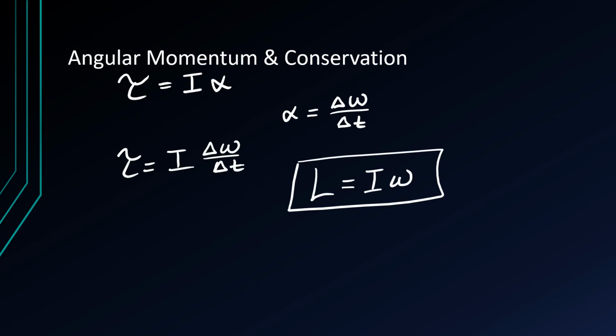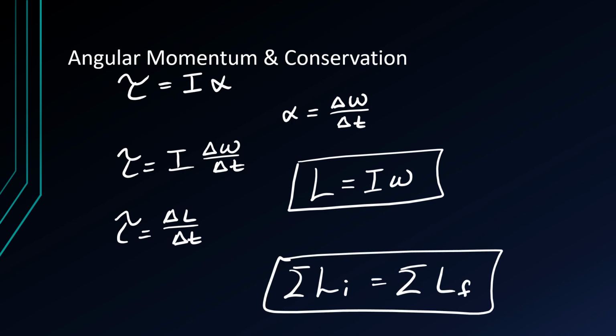I can plug this in, and we can define angular momentum as this L. Why it's an L, I don't know, but it is the letter L, is equal to I omega. So our torque is equal to a change in angular momentum divided by a change in time. This is very similar to when we had force equal to a change in linear momentum divided by a change in time. See, there are a lot of parallels here in physics. We are changing variables, but the concept itself is still similar.